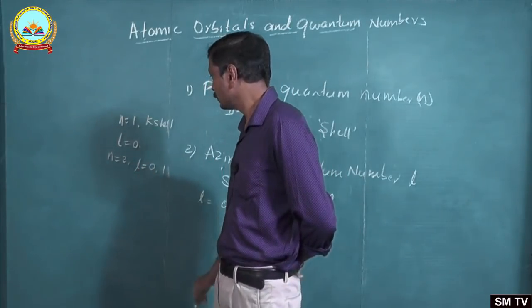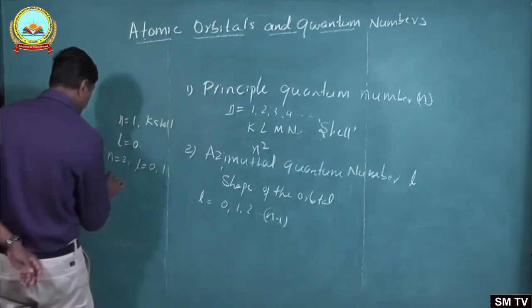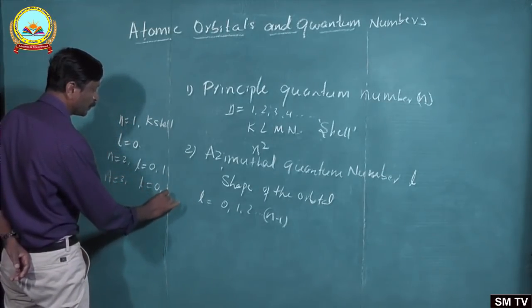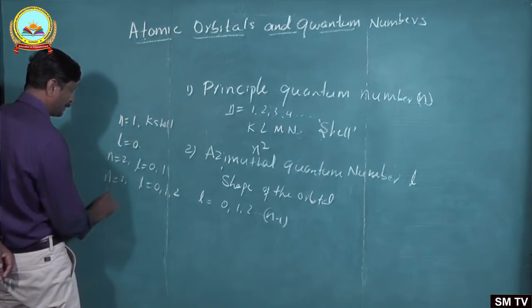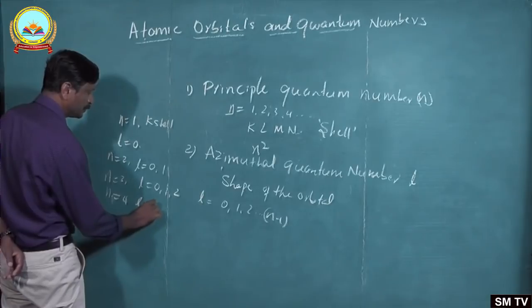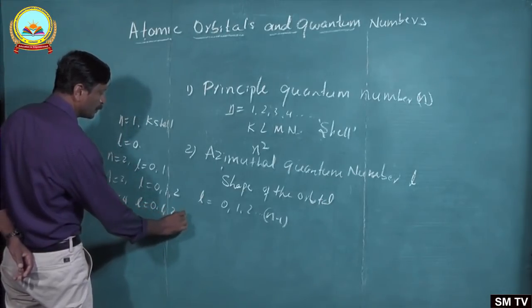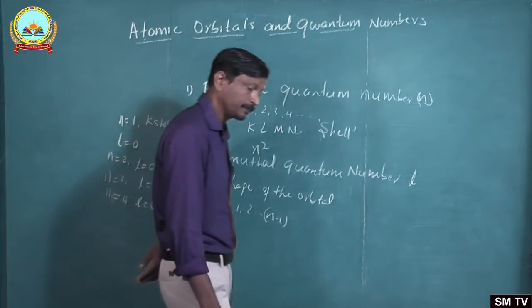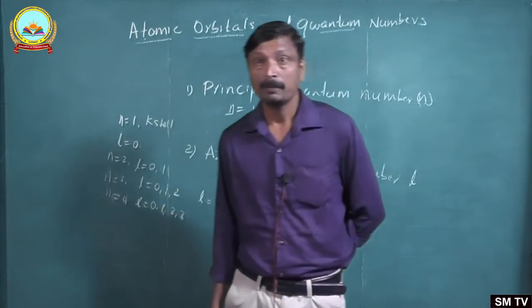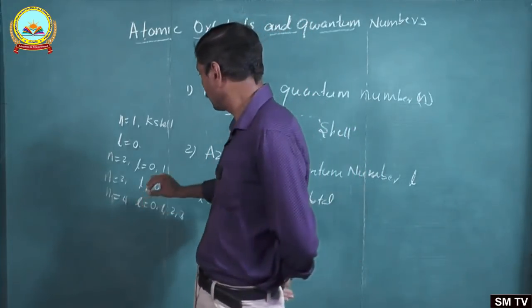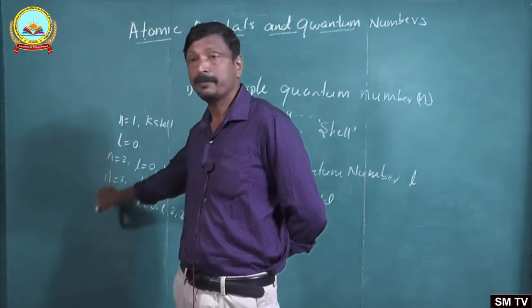If n is equal to 3, L is equal to 0, 1, 2. If n is equal to 4, L is equal to 0, 1, 2, 3. These are the possible values of L for a given value of n. The values of L depend upon the values of n.